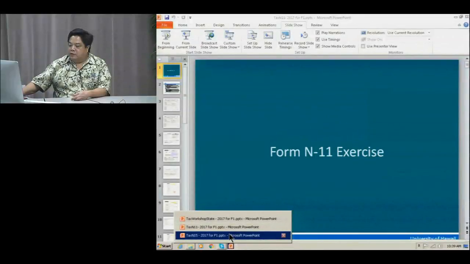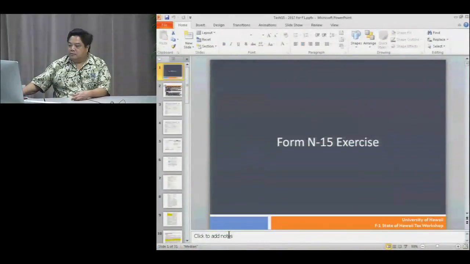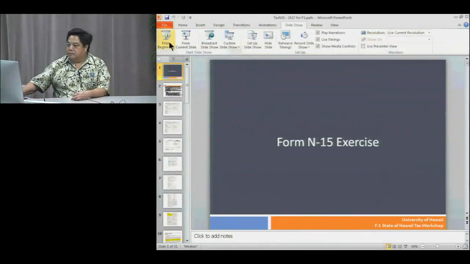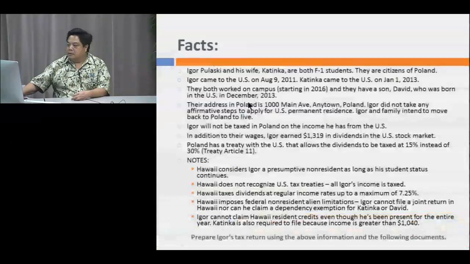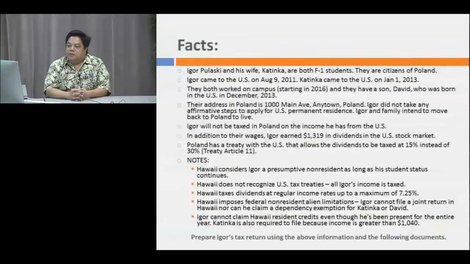I'm going to go over the N15. So the facts are the same, but we're putting this on the N15 now instead of the N11, assuming the person is F1 status.